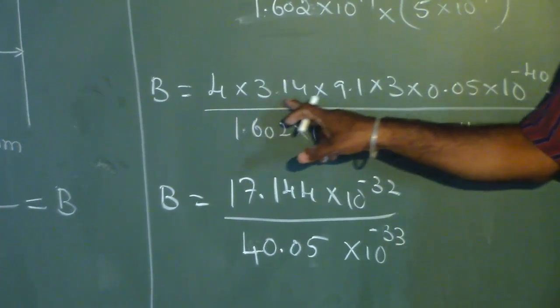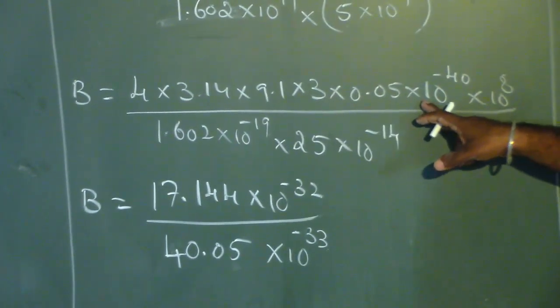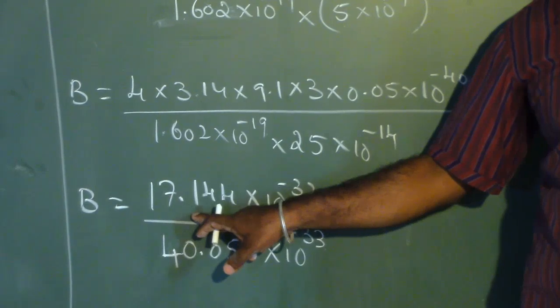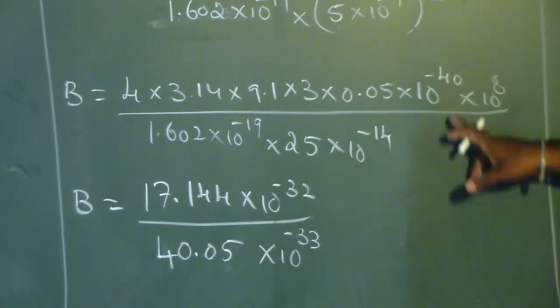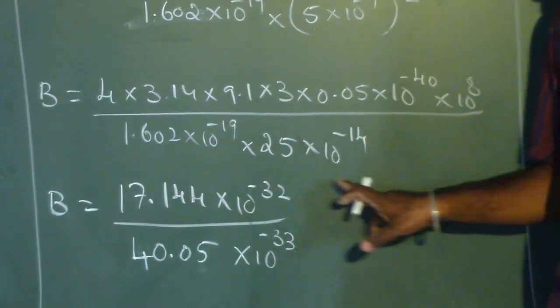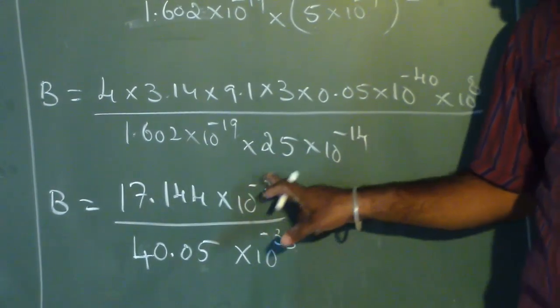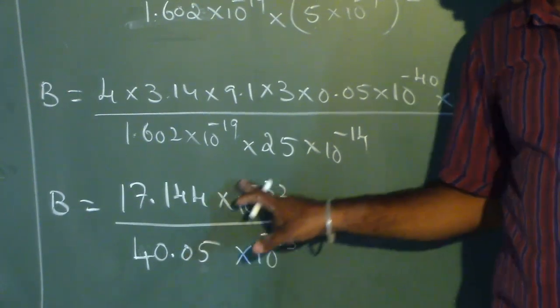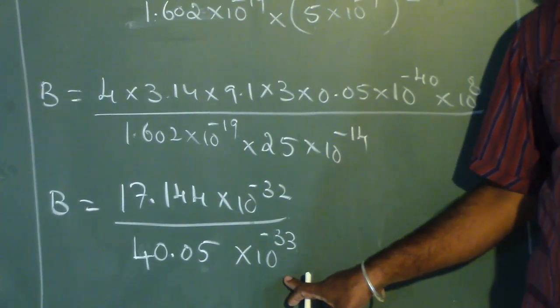If I simplify all the numerical values in the numerator, it turns out to be 17.144 into 10 to the power of, minus 40 plus 8, that is minus 32, and in the denominator after multiplication we have 40.05 and the power 10 to the power of minus 33.